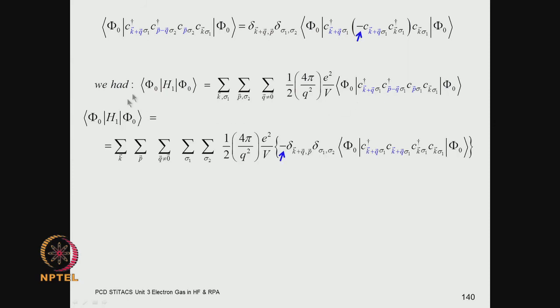You get the matrix element of the perturbation Hamiltonian, then you have got the sum over k, the sum over p, you have got q not equal to 0, which is here, right, you sum over q only for q not equal to 0, and now you have got double summation over sigma 1 and sigma 2, which is written over here explicitly, but then you also have the Kronecker deltas, k plus q must be equal to p and sigma 1 must be equal to sigma 2.